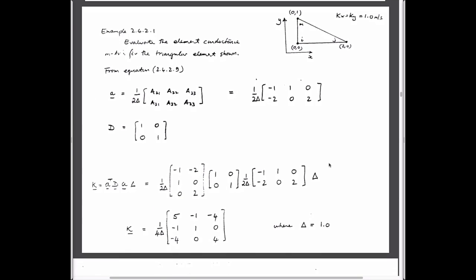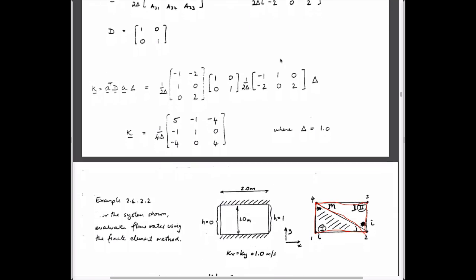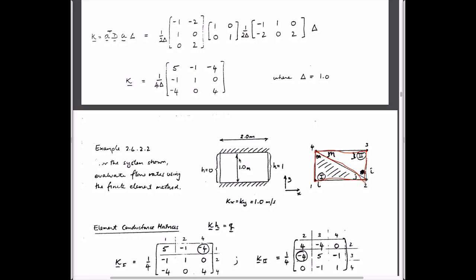So we'll do it for one element at a time. This is what the element looks like. The geometry of this is 1 in height, and this is 2 in length. So likewise, that's the shape of this.